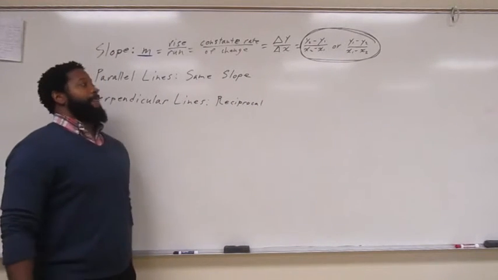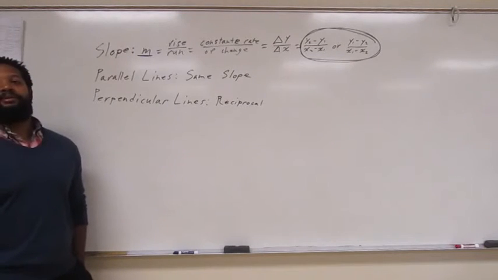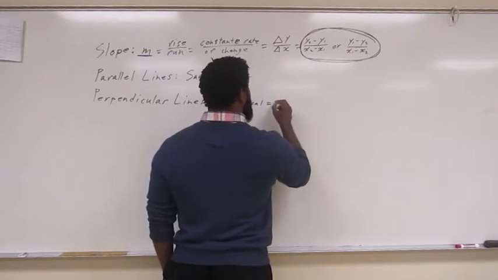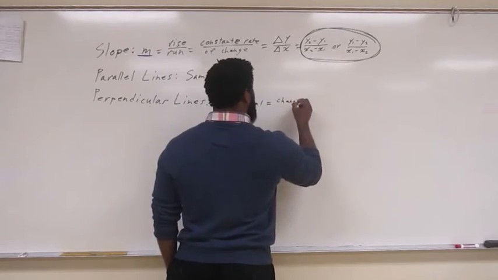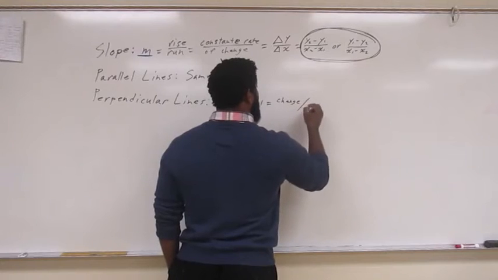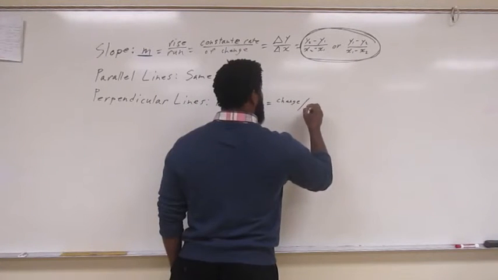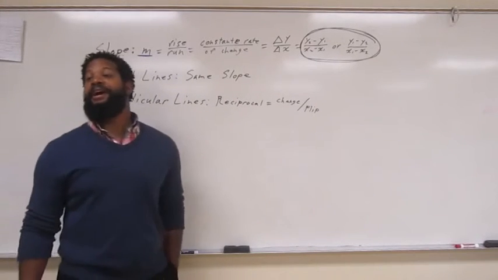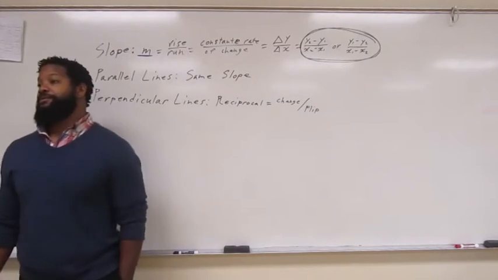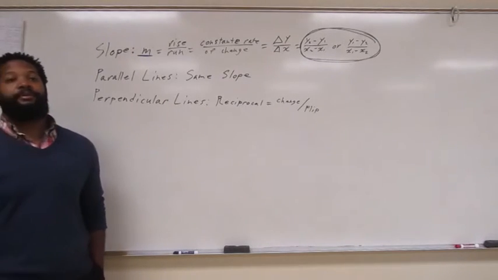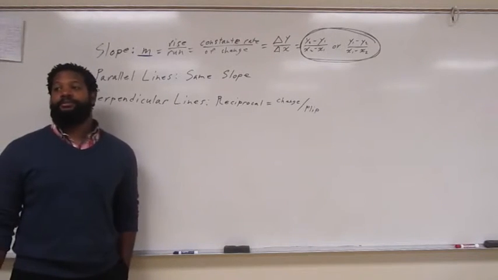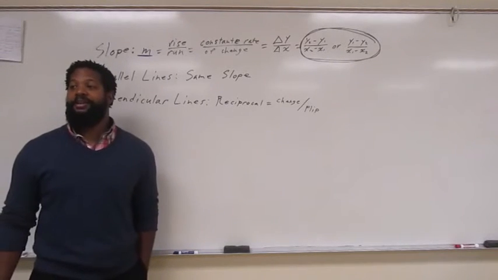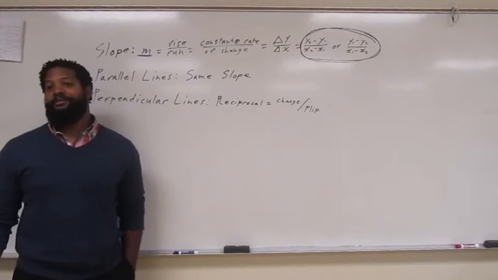Perpendicular lines. Reciprocal, meaning change and flip. Not keep, change, flip. That's when you're dividing fractions. You keep the first fraction, you change the division to multiplication, and then you flip the second fraction.